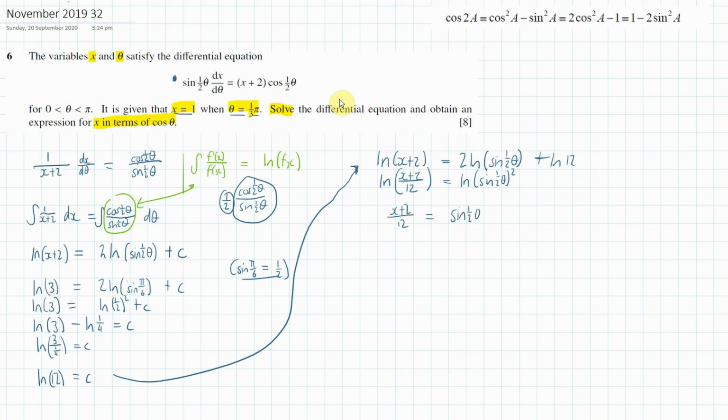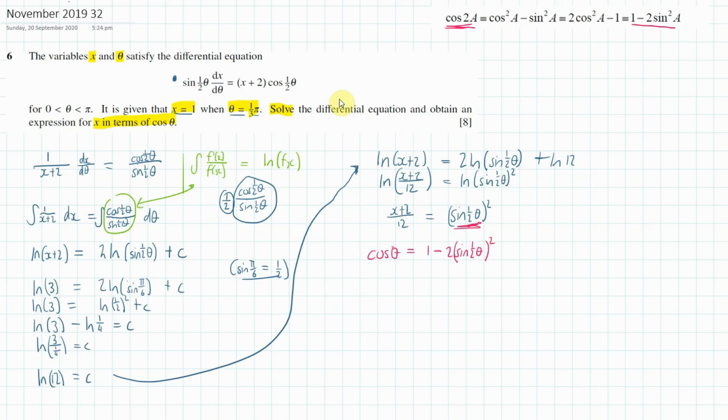sine 1/2 theta squared. Now, at this point, I'm going to use the double angle rule. So I'm going to use this, cosine 2a equals this. I'll just write it down here so you can see: in this case, 2a is just theta. Cosine theta equals 1 minus 2 sine 1/2 theta squared. Now, you can see, I hope, that we need to do some rearrangement here.